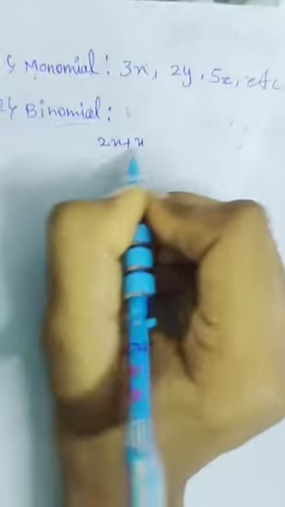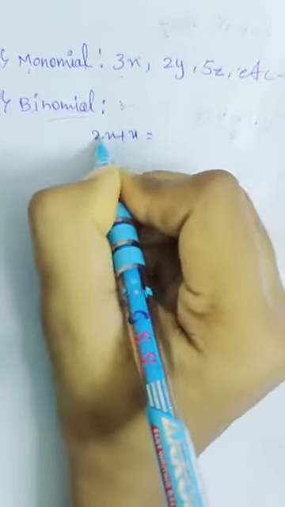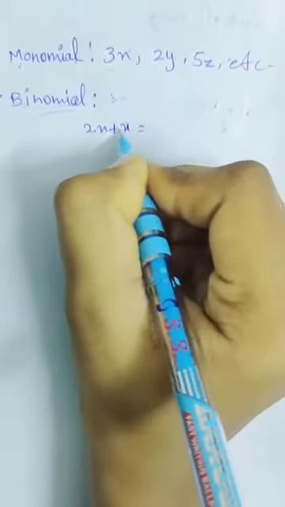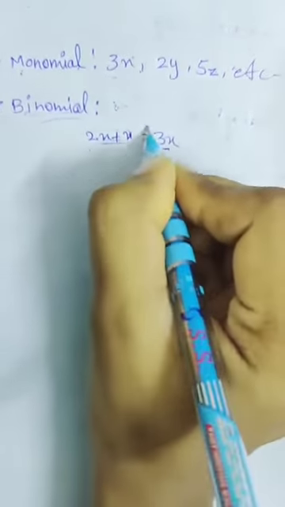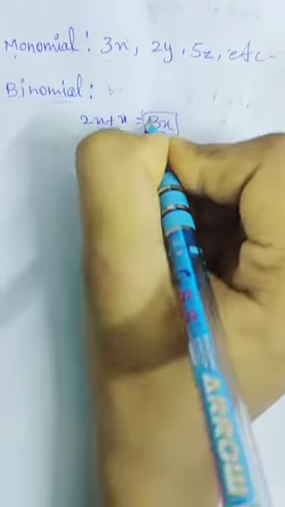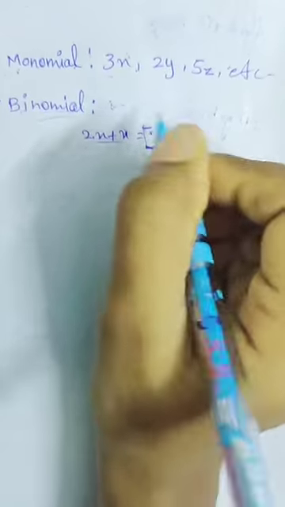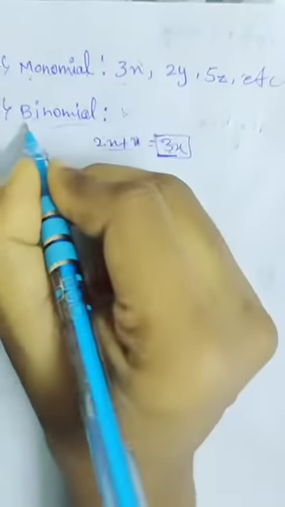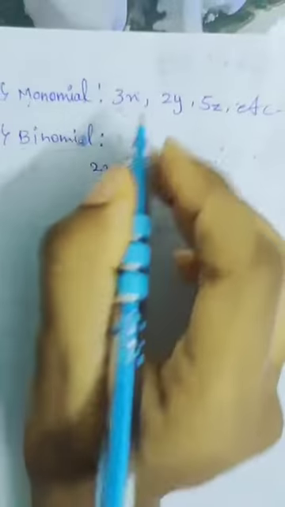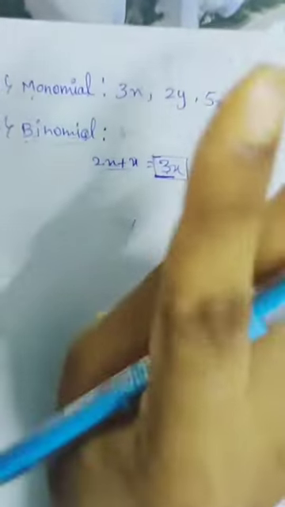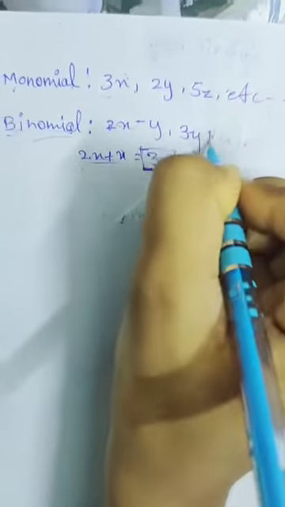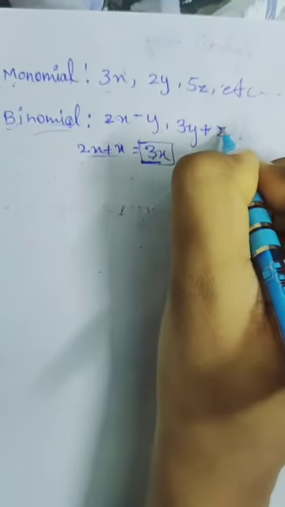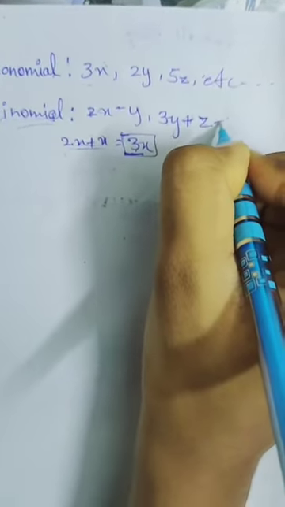Here two terms are there, but they are two like terms. If we add these two like terms, the answer will be 3x. So this is a monomial, and we can't say this is a binomial. So we have to mention that binomial means algebraic expressions having two unlike terms. For example, 2x minus y, 3y plus z.